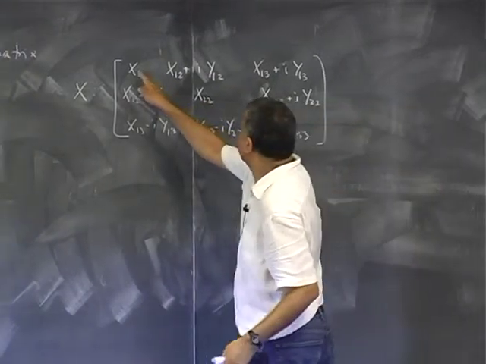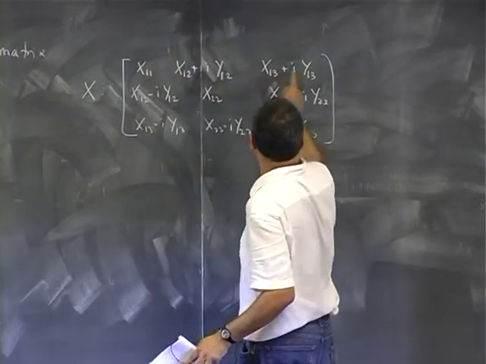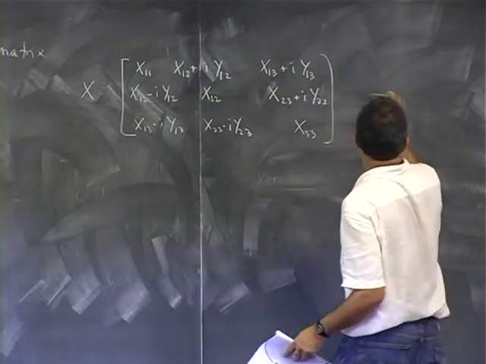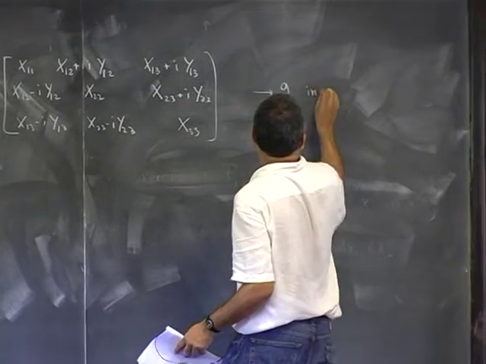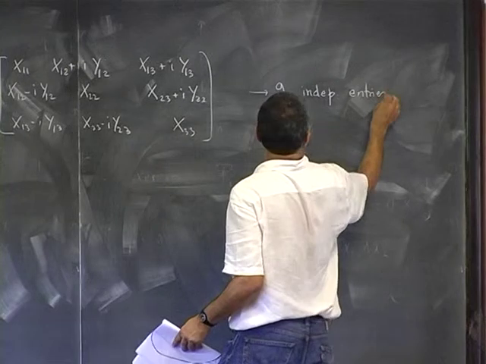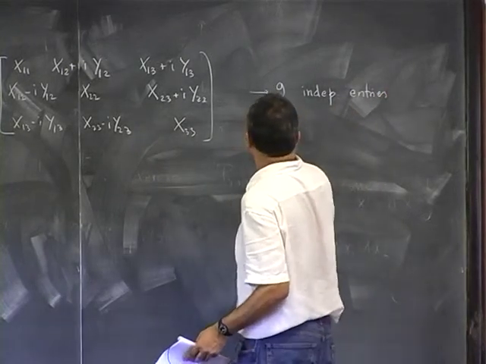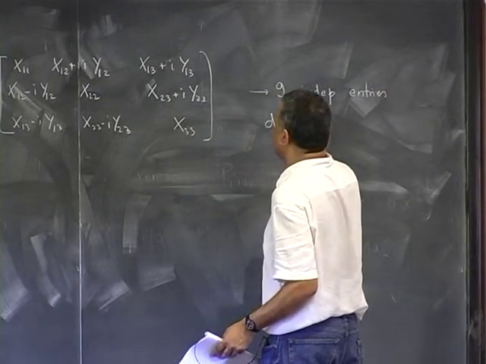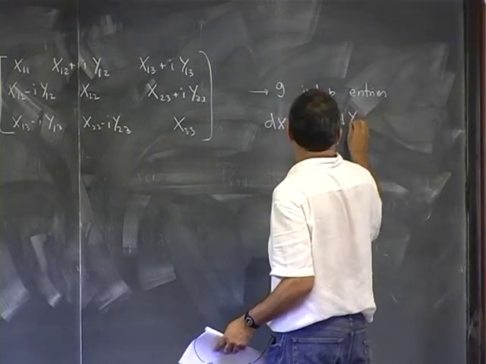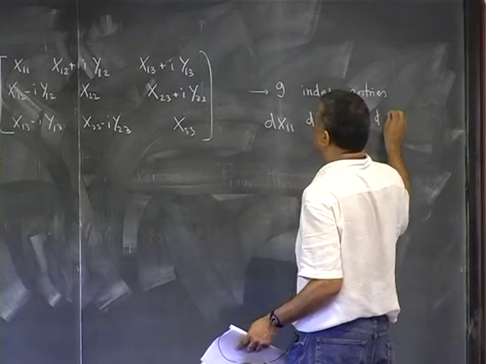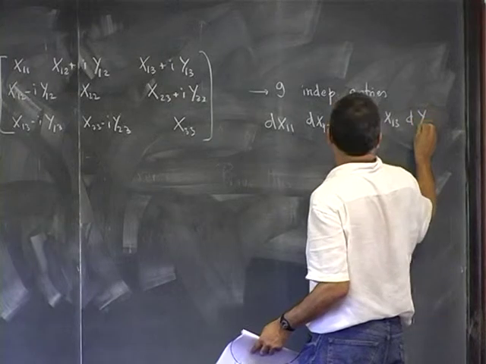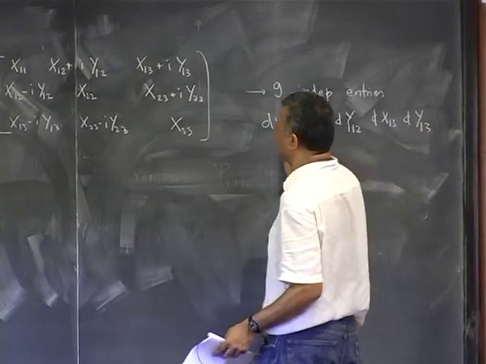I have 1, 2, 3, 4, 5, 6, 7, 8, 9. If I have to write a measure, I write dx11, dx12, dy12, dx13, for each real part and imaginary part, exactly the way Shumit was doing yesterday when he was doing the functional integral.